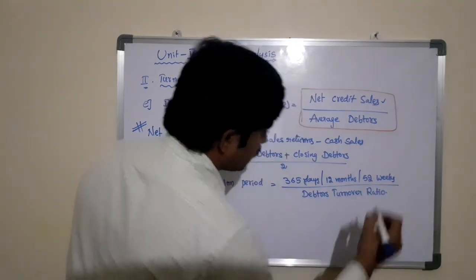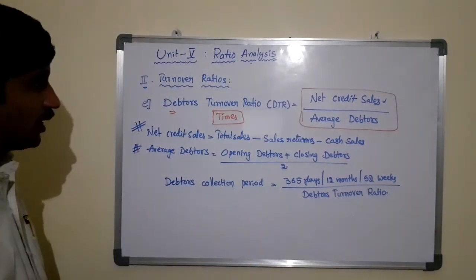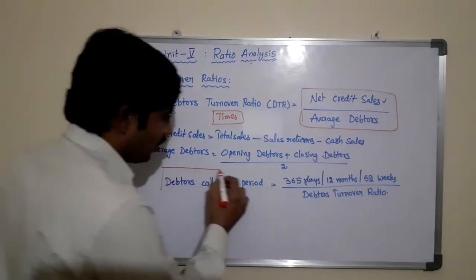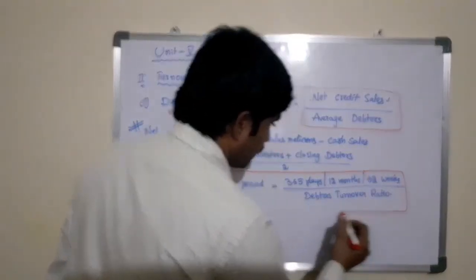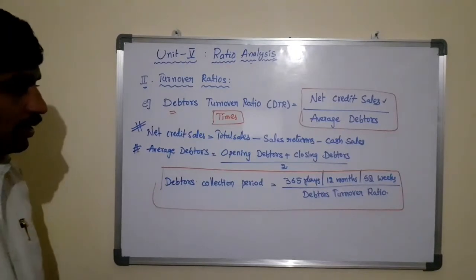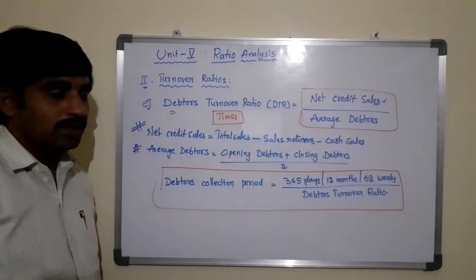This is the formula used to calculate the debtors collection period. So once you have calculated the debtors turnover ratio, you can immediately calculate the debtors collection period.